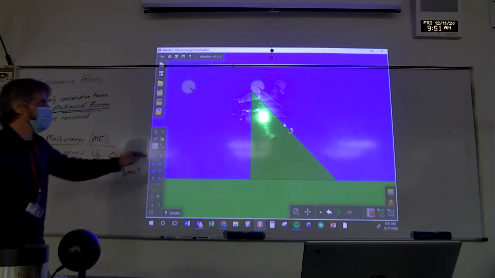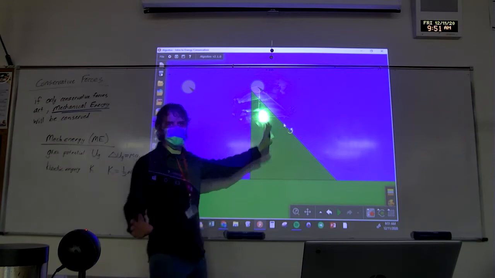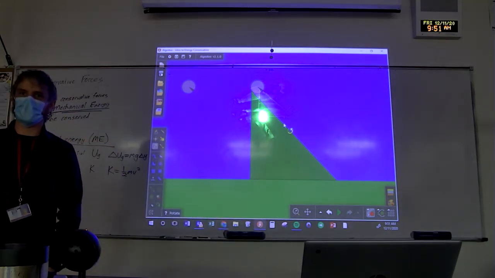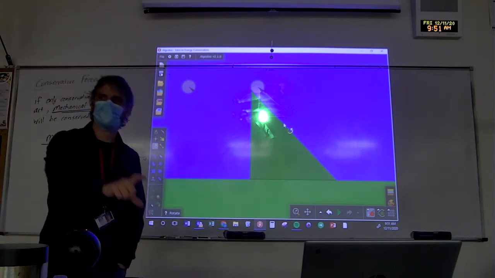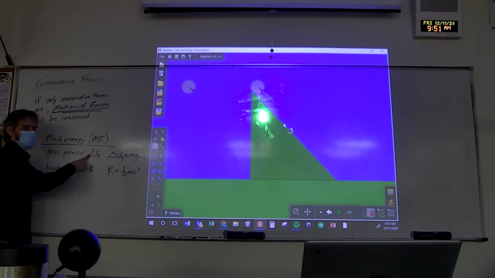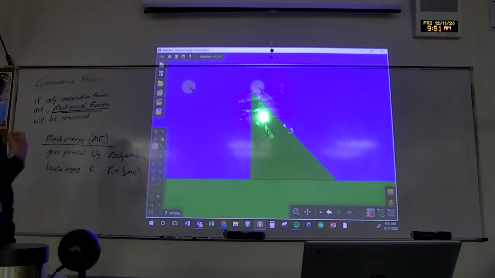Meaning that if there's no friction here, which there isn't because I turned it off, these two objects start from the same height at zero velocity. They should reach the bottom with the same velocity. They start with the same amount of gravitational potential energy. They should end up with the same amount of kinetic energy. They are the same mass, so they should reach the bottom with the same speed. And what we'll see is that is true.